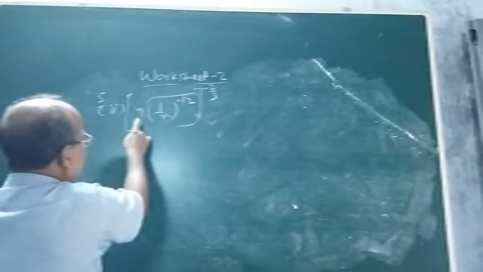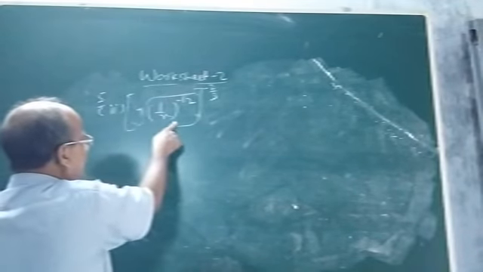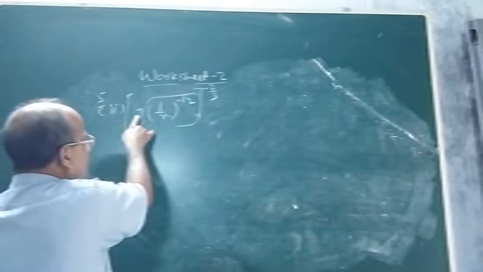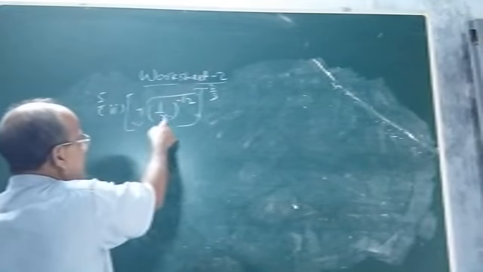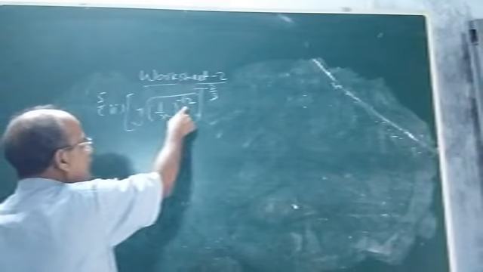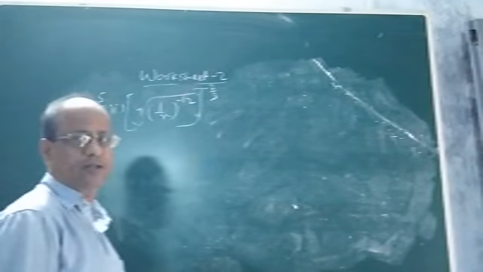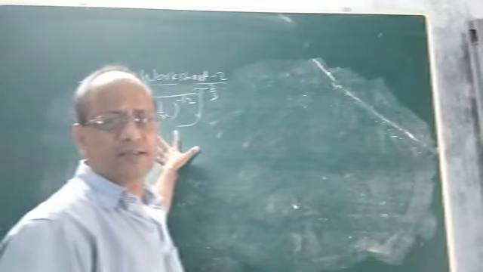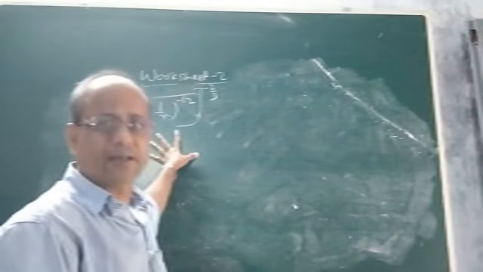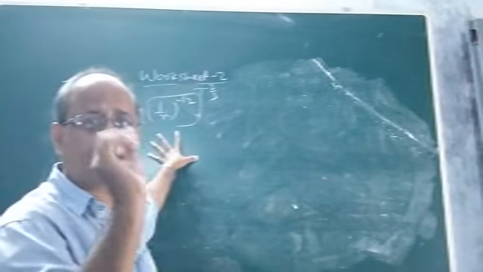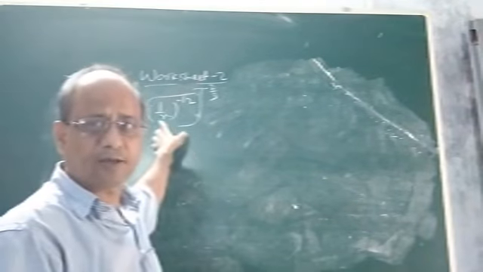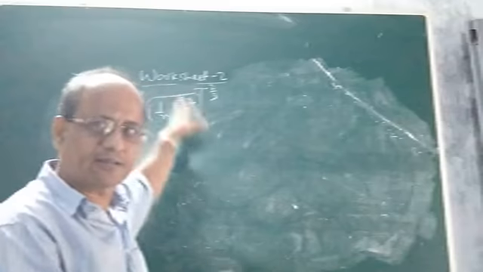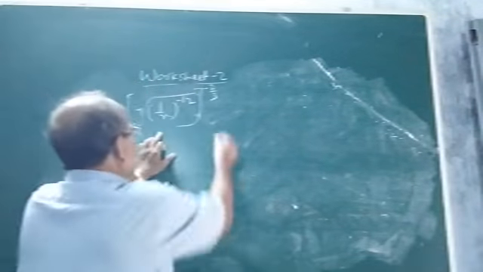It is given in radical form: the 4th root of (1 by x)^(-12), again whole to the power minus 2 by 3. So what do we have to do? We have to simplify this exponential expression and express the result with positive index. Let us see how to do this.